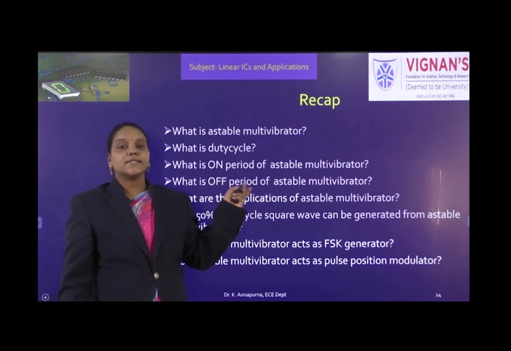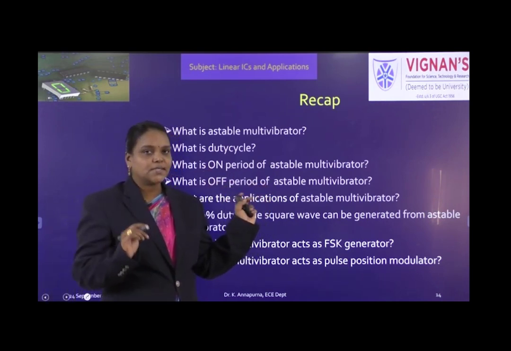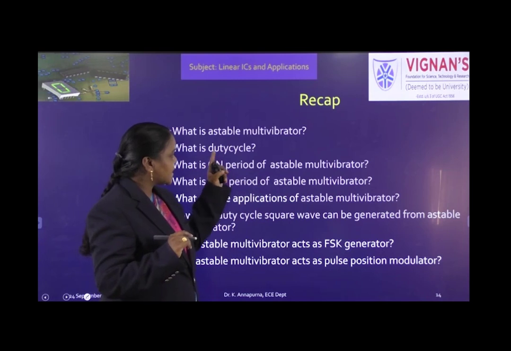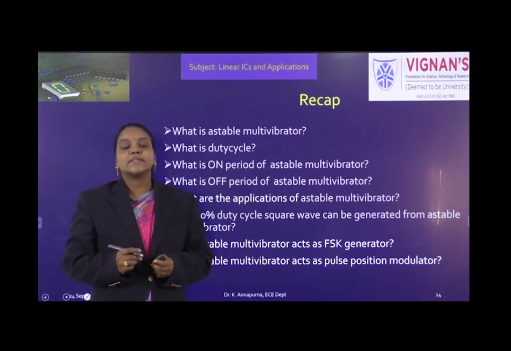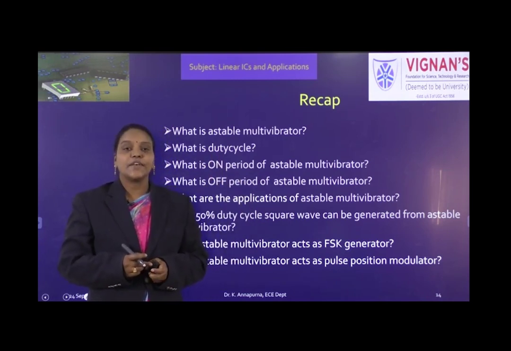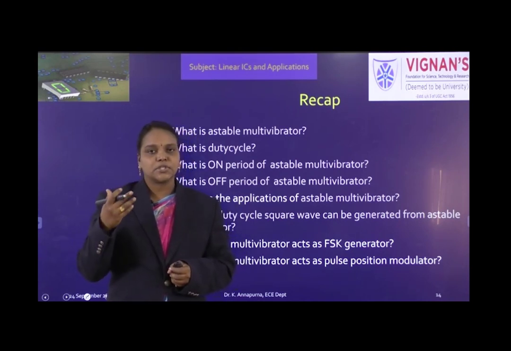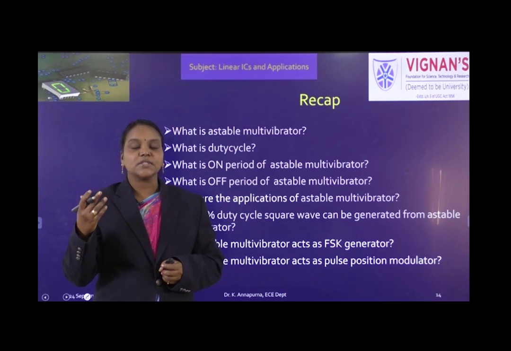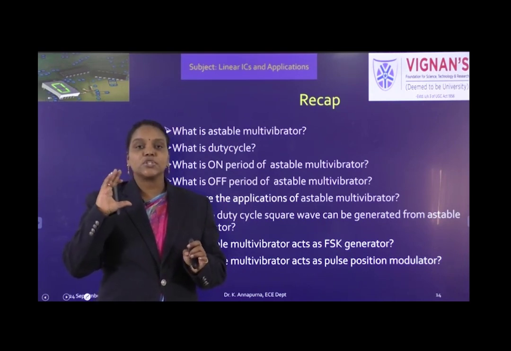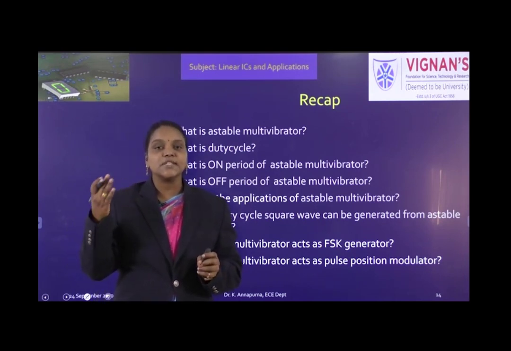Okay, now let us recap what we have discussed in this class. What is an astable multivibrator? An astable multivibrator is a square wave generator with both the states being quasi-stable states. Quasi-stable state means it doesn't need any external trigger pulse to change its state.